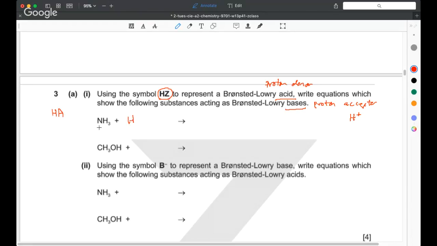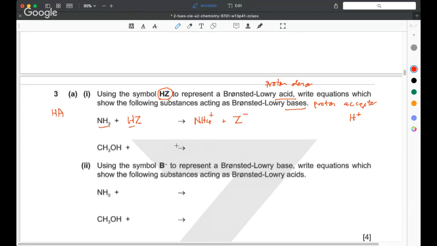So here's the ammonia base, and here's this Bronsted and Lowry acid. And an acid is going to donate the hydrogen ion to the base. So the hydrogen ion H+ is going to the base, NH4+, leaving the Z- there. That's the first one.